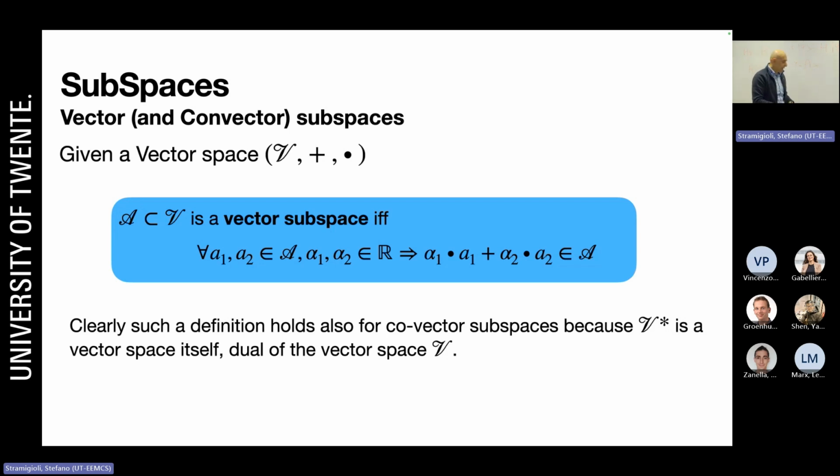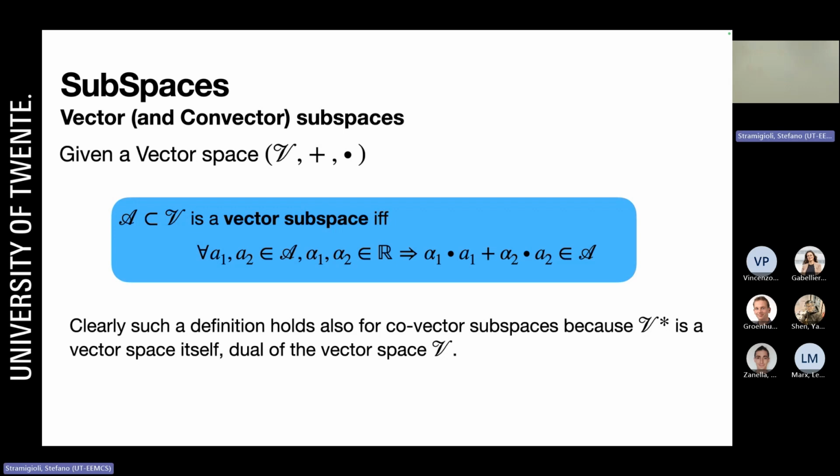Both are subspaces. A vector subspace is a subset of V such that if you take any elements in that set and any real numbers, so any linear combination, you get something which is still in the set.